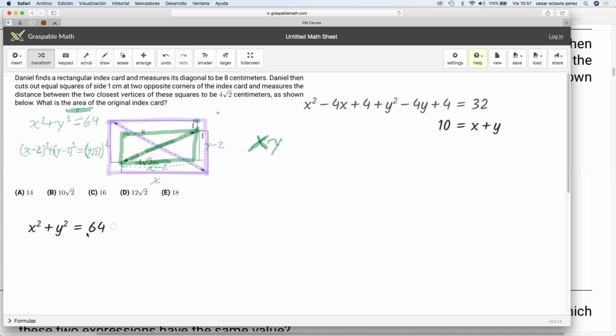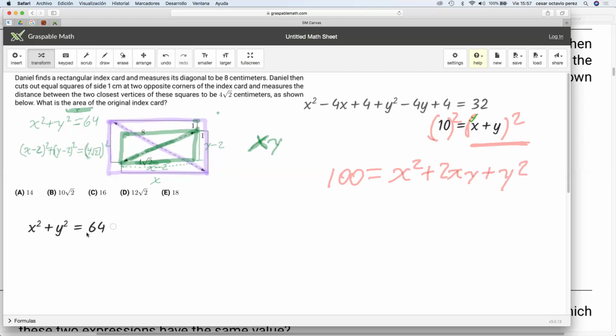Let's see this little trick that is very useful. If we square this one, what do we get here? 100 equals x squared plus 2xy plus y squared.